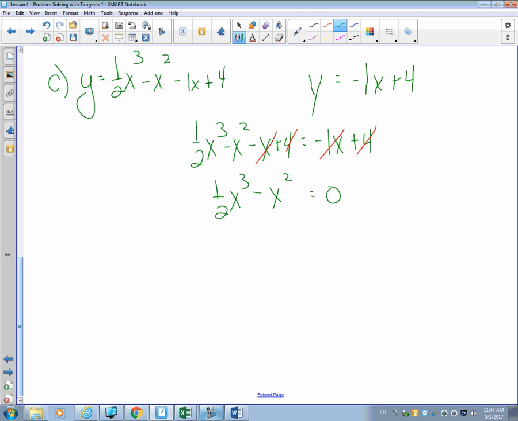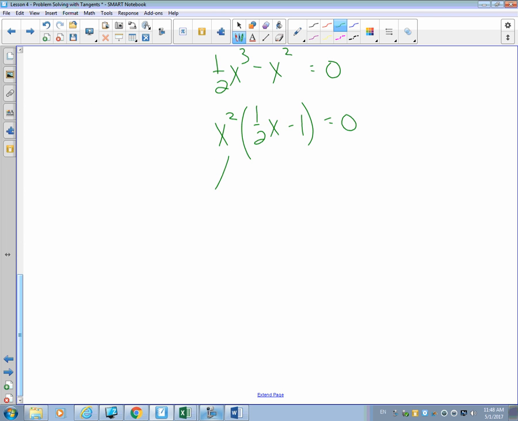And I can solve that by factoring. If I common factor out the x squared, I'm left with x squared times (1/2 x minus 1). So I want to solve this. My zeros are either x equals 0 or 1/2 x minus 1 is 0. In other words, x is 2. Now, we already know at 2 what's happening.